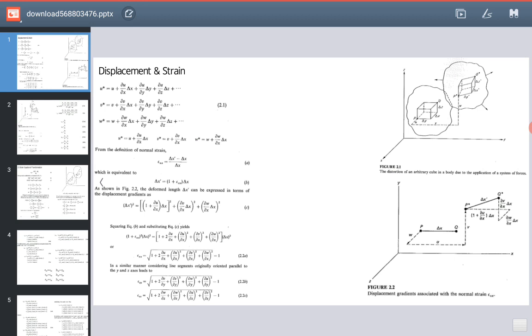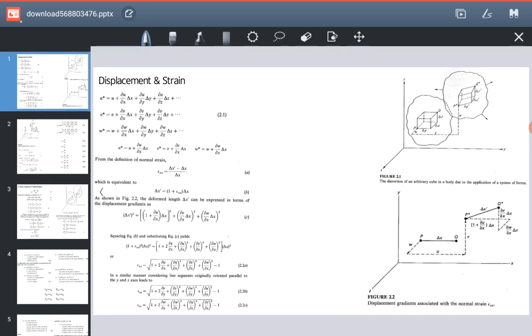Okay, so before I continue, I would like to mention that there are two types of displacements. When we have a rigid body, we have a displacement known as the translation motion, and we have a displacement motion.